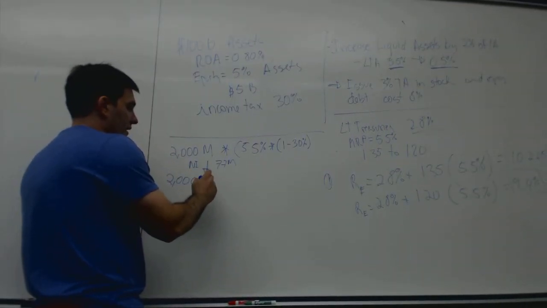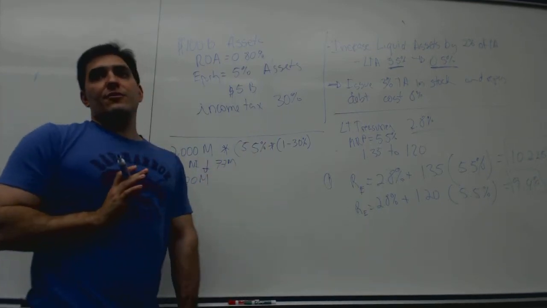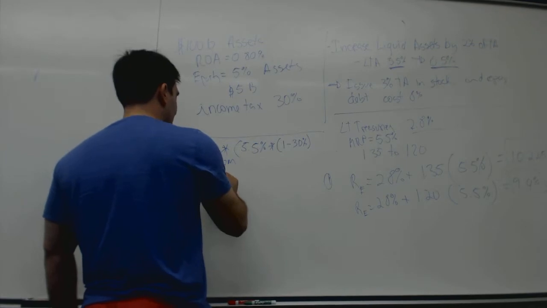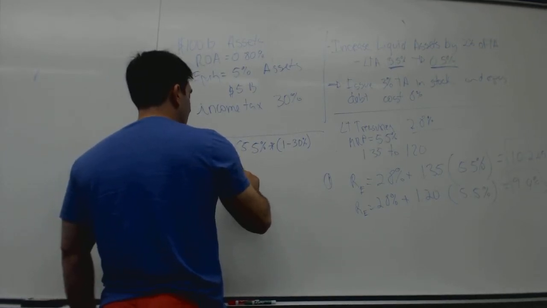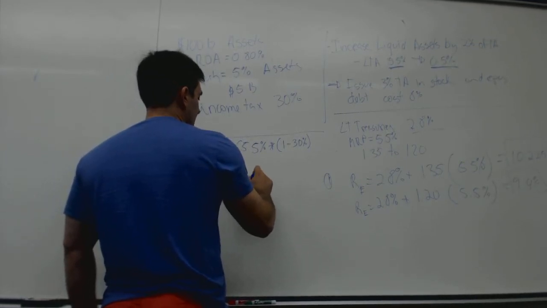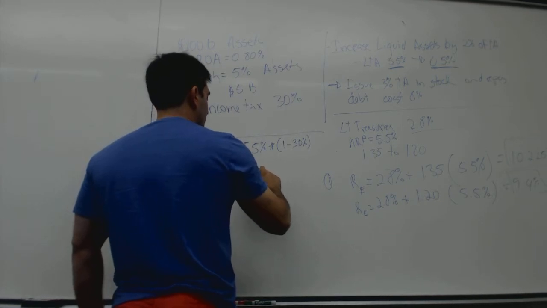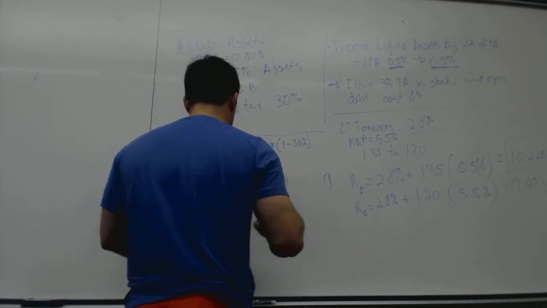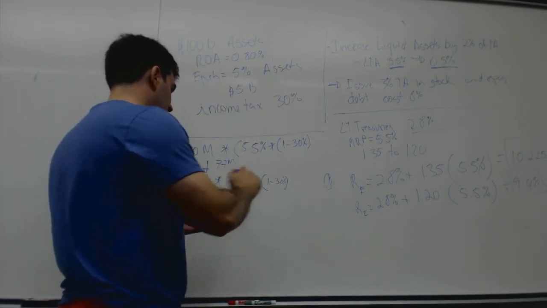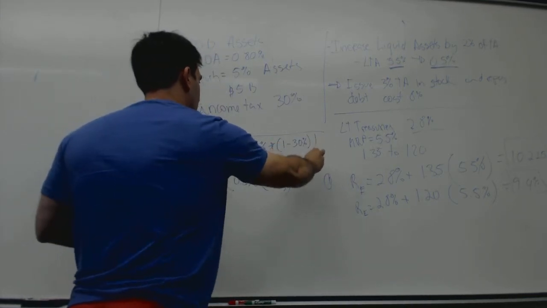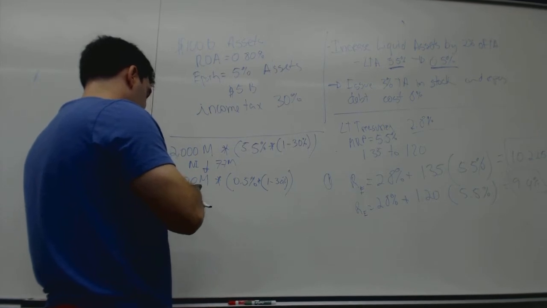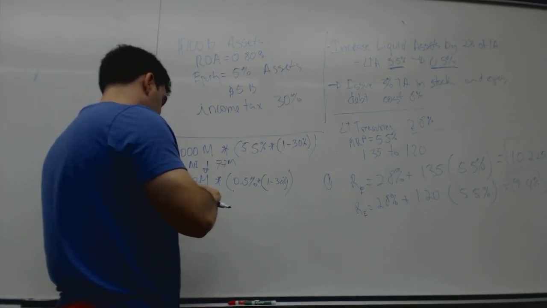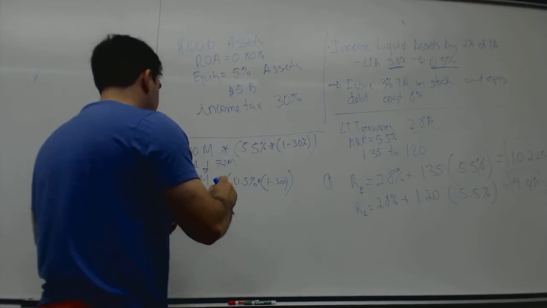We are not just going to leave the 2,000 uninvested. We're going to make 0.5% times 1 minus 30% to get the net after taxes, and that gives 7.